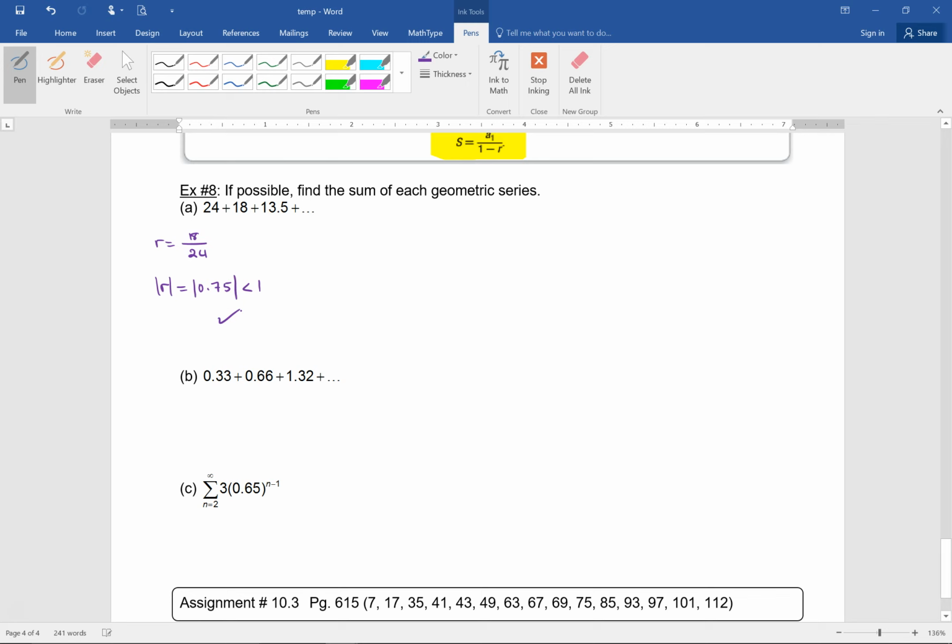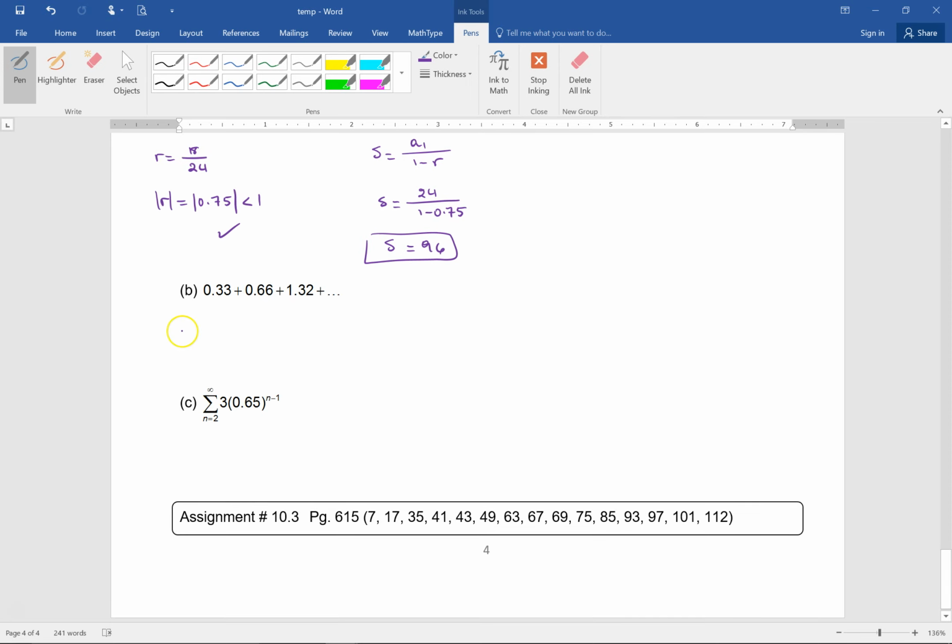So s is just a1 over 1 minus r, 24 over 1 minus 0.75, so s is equal to 96. You have to make sure that the absolute value of r is less than 1. Otherwise, you can't find the sum of an infinite series, because it'll just be infinity.